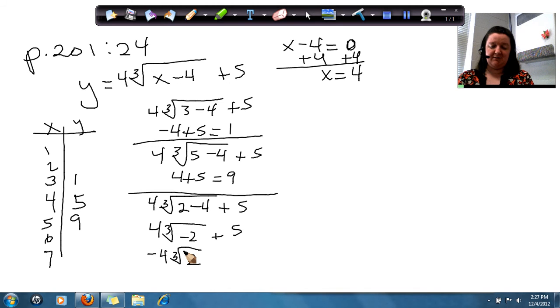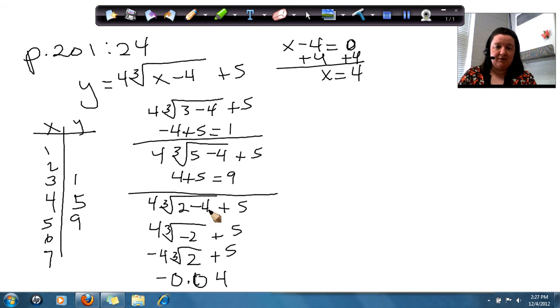We're going to multiply that by the negative 4. Add 5 to that. So that's going to give us negative 0.04. That was when we plugged in the 2.